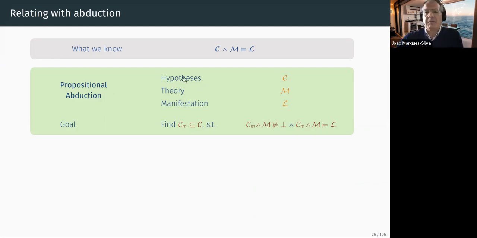We have a bunch of hypotheses, in our case the literals at the input. We have a theory, in our case the encoding of the machine learning model. And then we have a manifestation, in our case what we are predicting. We want to find some subset of the hypotheses, so of the input, such that it is consistent with the model, and what I pick together with the model still entails the prediction.